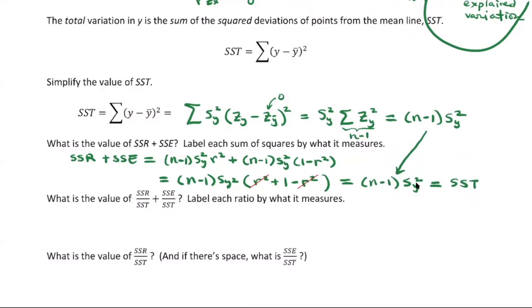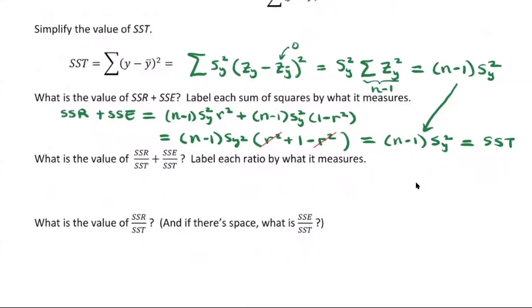Okay. Now to label what these mean, you've got to remind yourself that SSR is the explained deviation or variation. Plus SSE, that's the unexplained, that's the residual, the sum of the squared residuals. So we call that the unexplained variation.